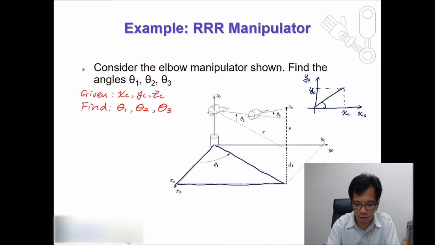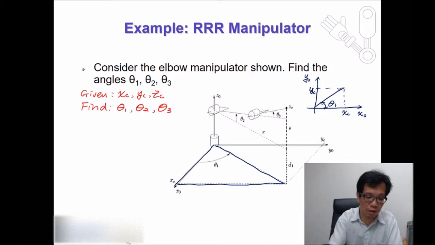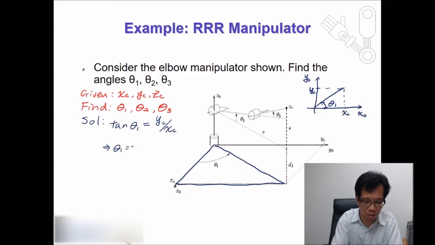This is going to be our theta 1. If you have this configuration, the angle is pretty straightforward to figure out. That is going to be tangent theta 1 equals yc over xc, or theta 1 equals arctangent yc over xc.